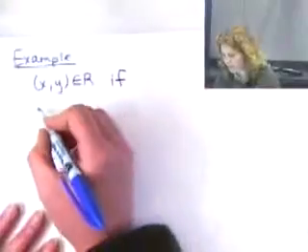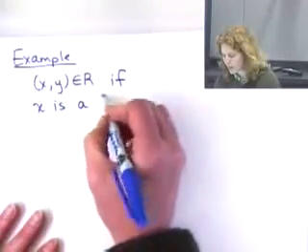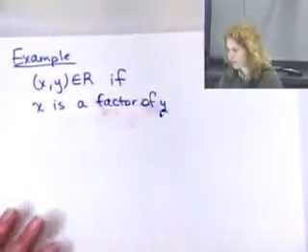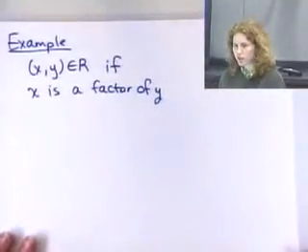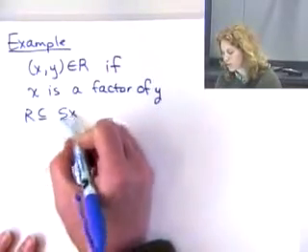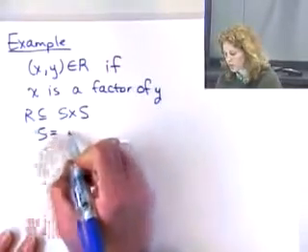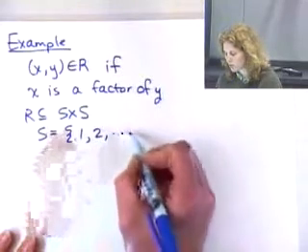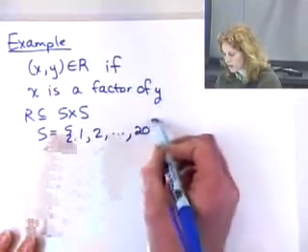I'll say that xy is a point in my relation, is in R, if x is a factor of y. So let's just say that R is a subset of S cross S, where S is the numbers from 1 to 20.